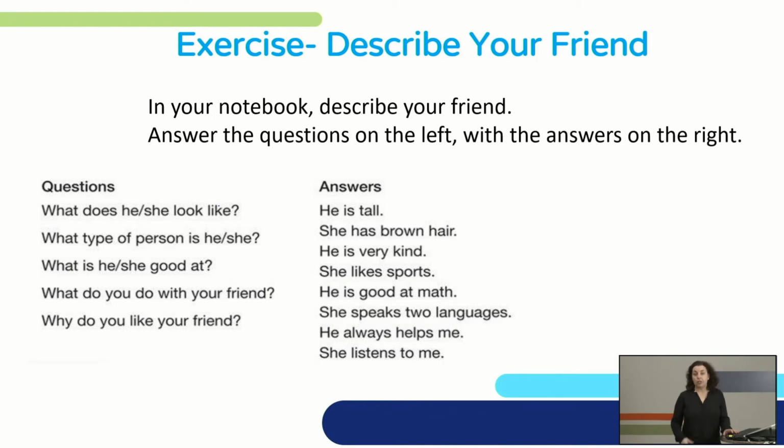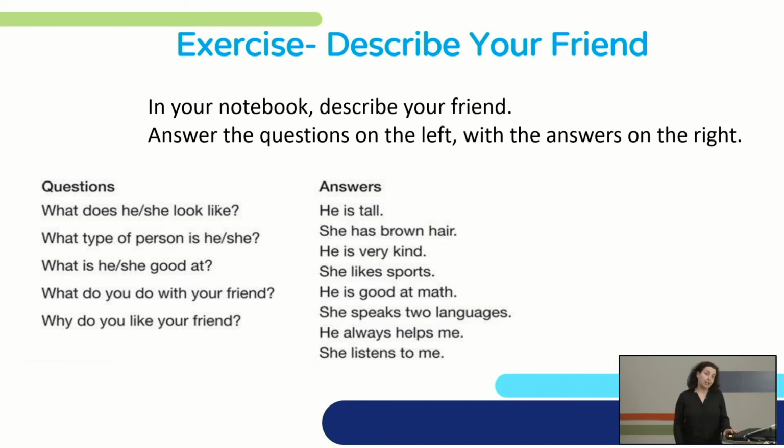She helps people. Maybe she volunteers. He volunteers. She likes sports. I love tennis. He likes sports. He's good at math. I'm not so good at math. I'm better in languages. She speaks 2 languages. How many languages does your friend speak?